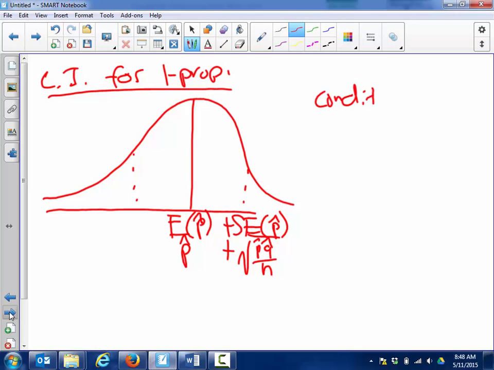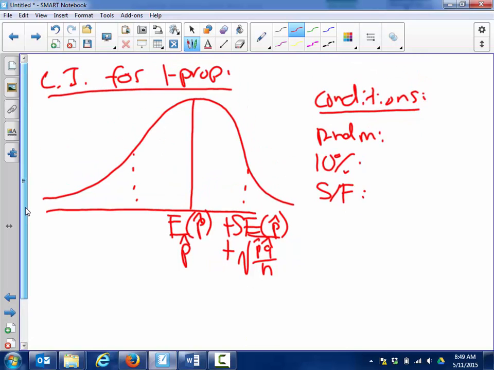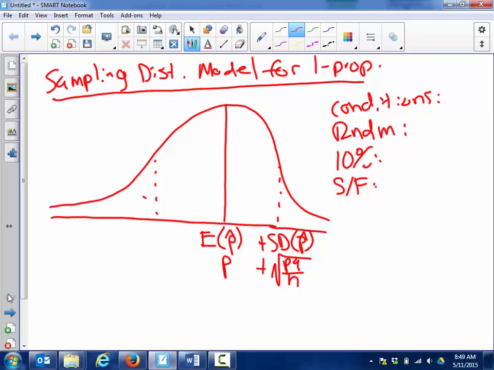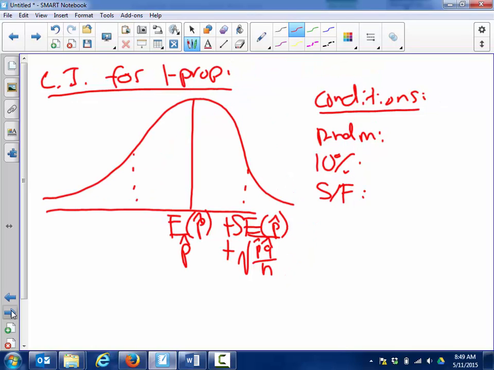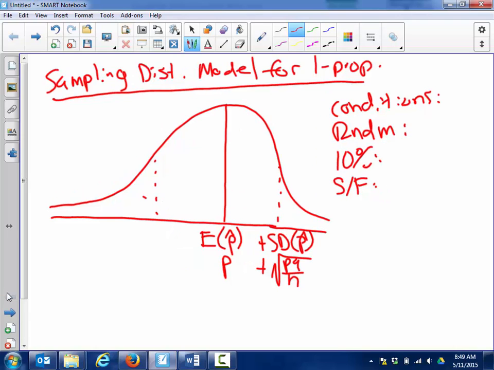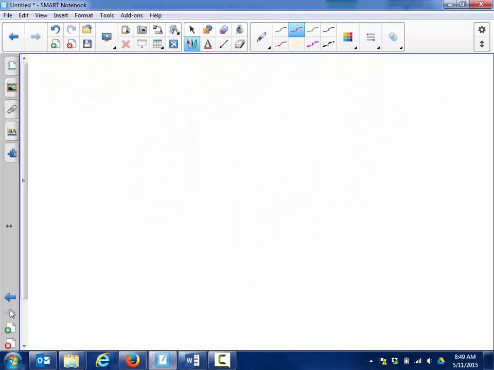Conditions are the exact same. Even though you're working with sample data, you're still checking randomization, the 10% condition, and success failure. So we've seen a theme here. When you're talking about a single proportion, your conditions are randomization, 10%, and success failure, and you're using the normal bell curve. There may be a difference as to whether you're working with standard error or standard deviation, but that depends upon whether you have population or sample information to work from.